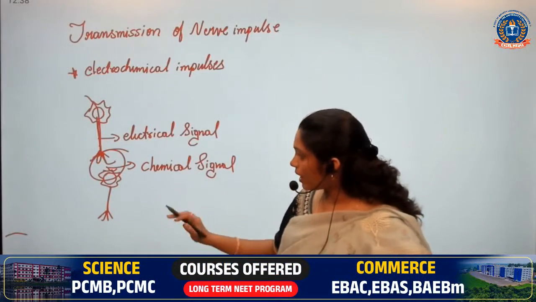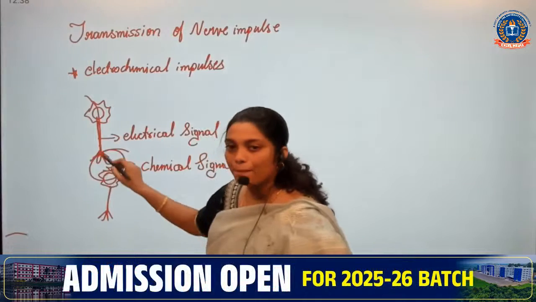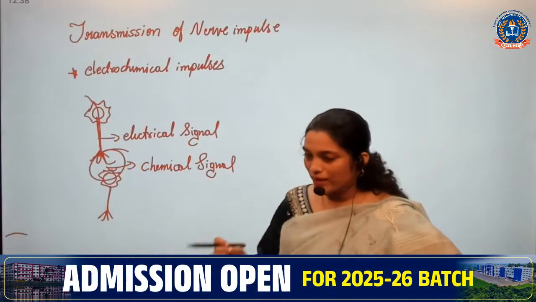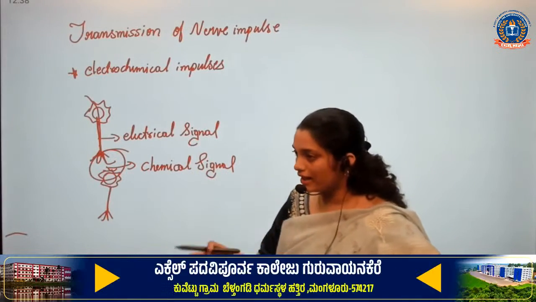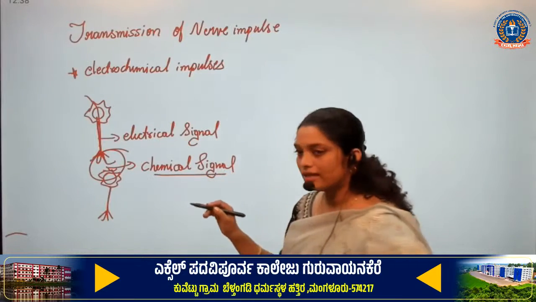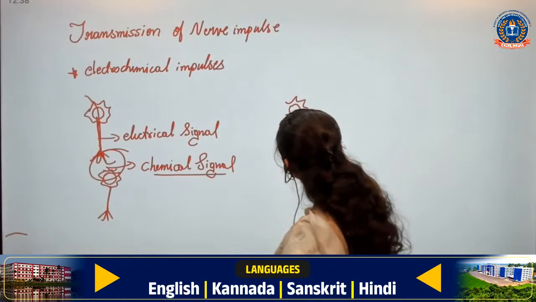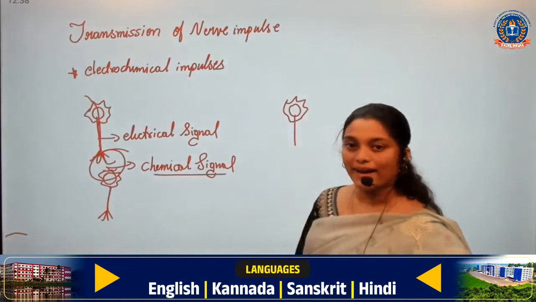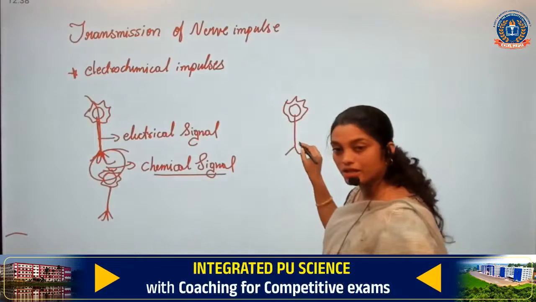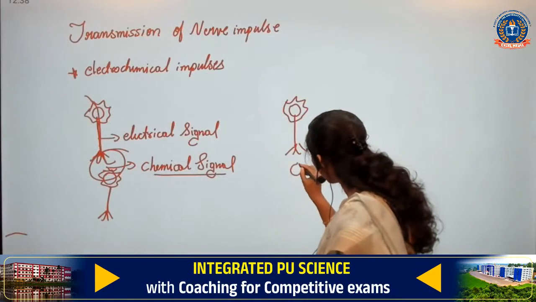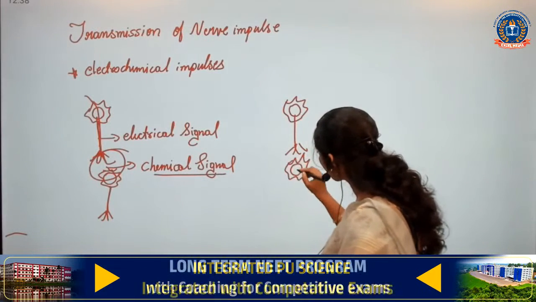Okay, so there was a gap between the two neurons. When the distance is a bit more, then the chemical signal transfers. Sometimes, again here we have a neuron with an axon and axon terminal region, and again dendrites.